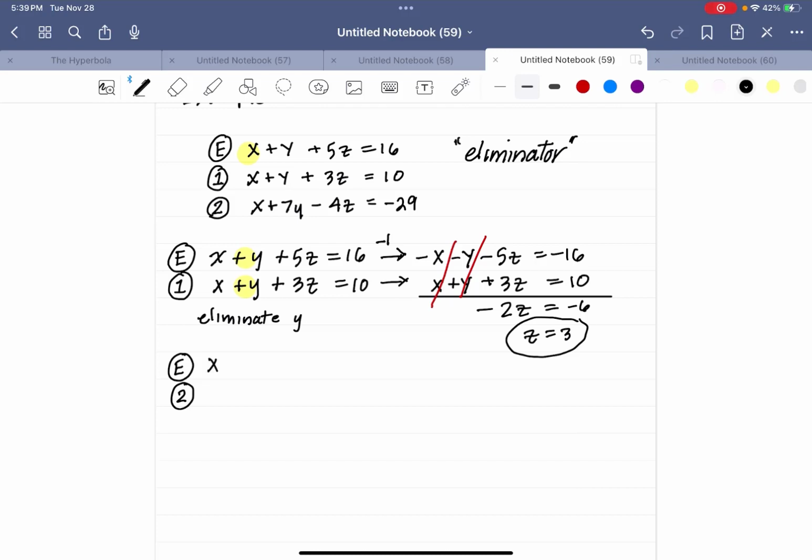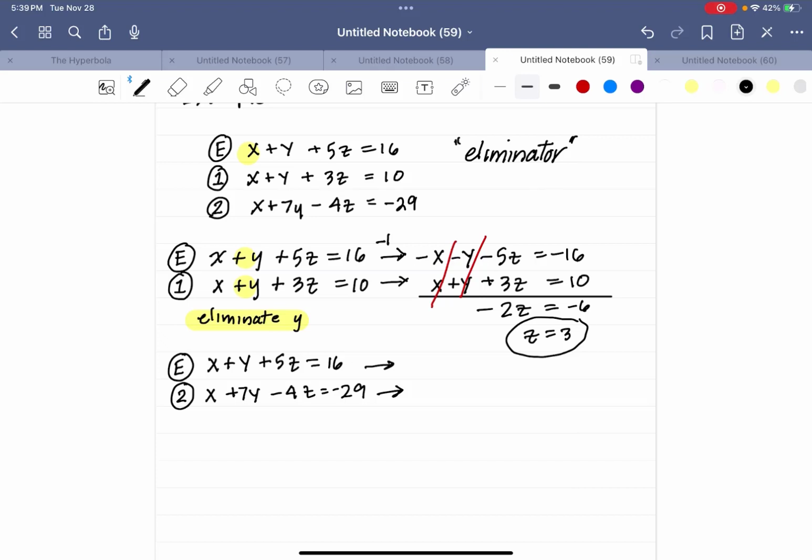So my eliminator is the original first equation. And now I'm going to work with equation number 2, x plus 7y minus 4z equals -29. Now remember, I want to eliminate y in this one as well.